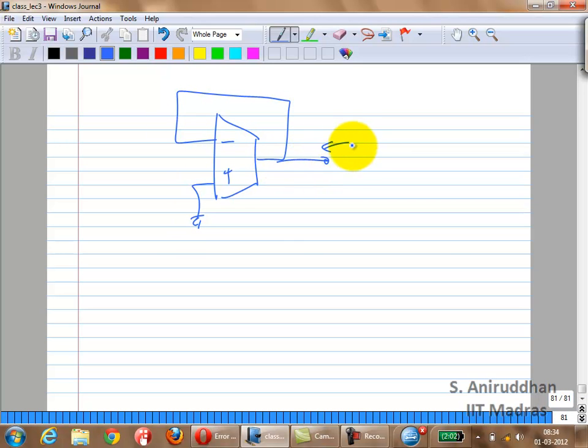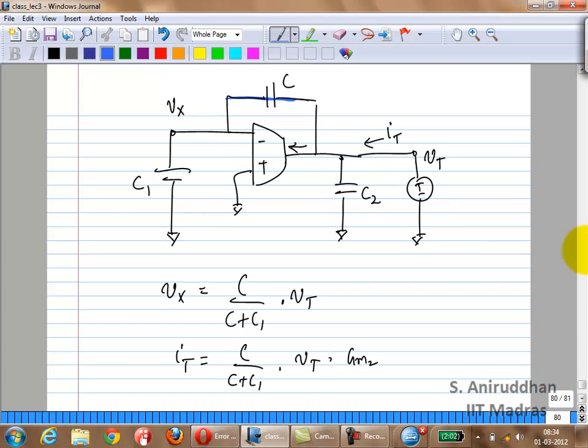What is the output impedance here? 1 over Gm2. If you had full feedback, you would have 1 over Gm2. We have looked at many cases where you have this kind of feedback. Whereas in this case, you don't have full feedback. You actually have partial feedback.